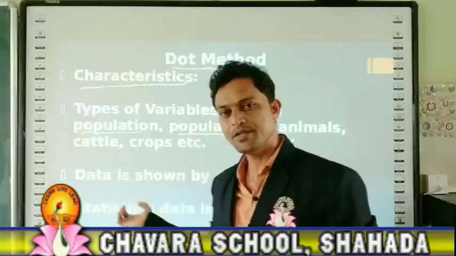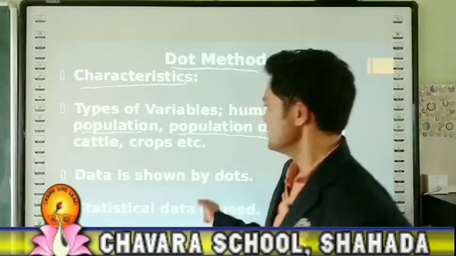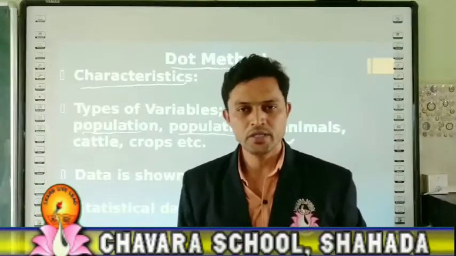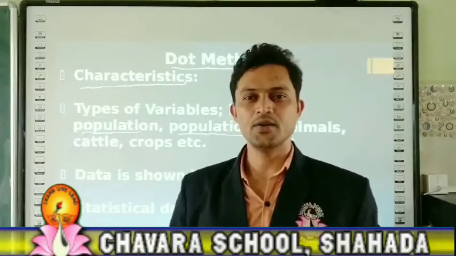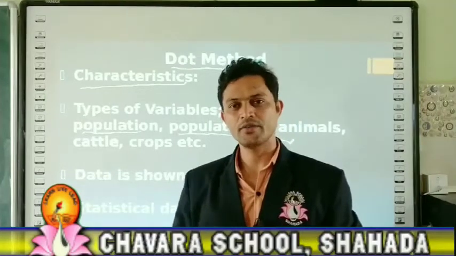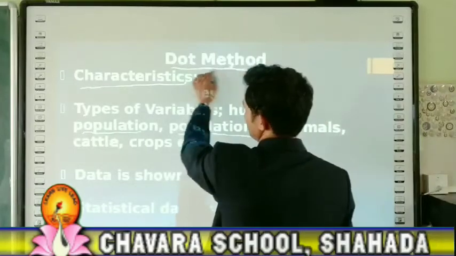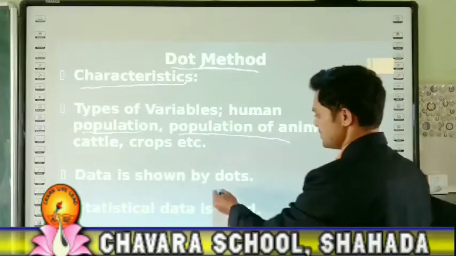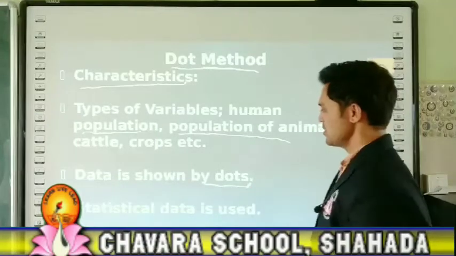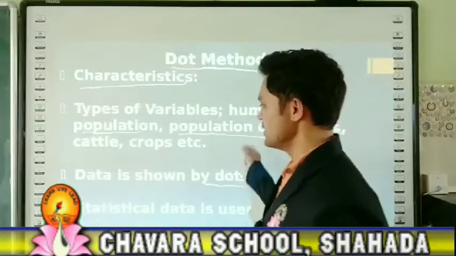Such variables can be shown using this dot method because these variables are continuous in nature, freely scattered over the particular geographical region. The main component in this map is a dot, because dots of similar size are used to show these variables on the map.